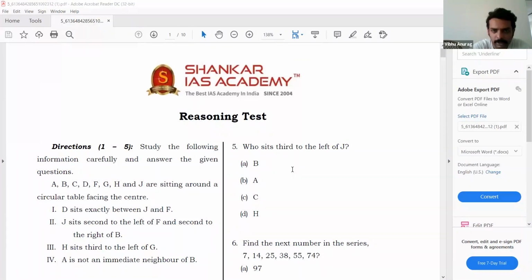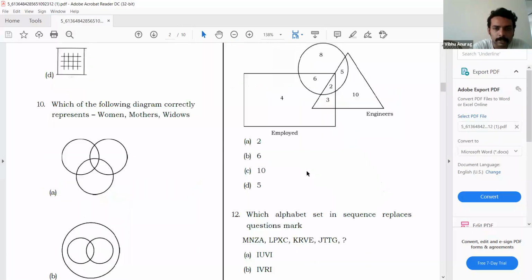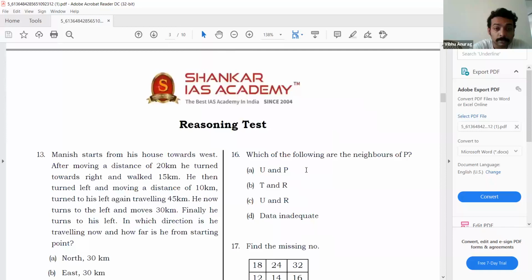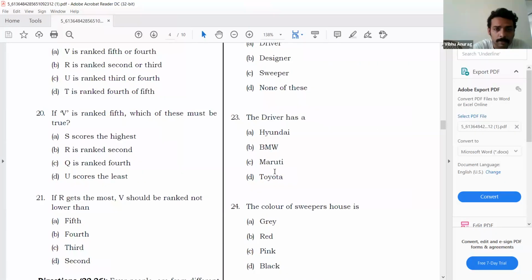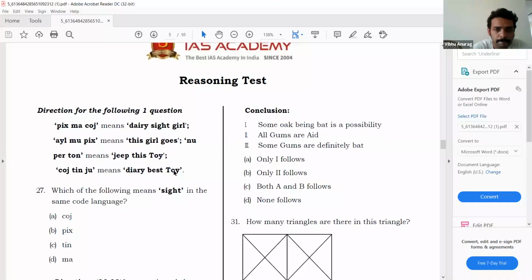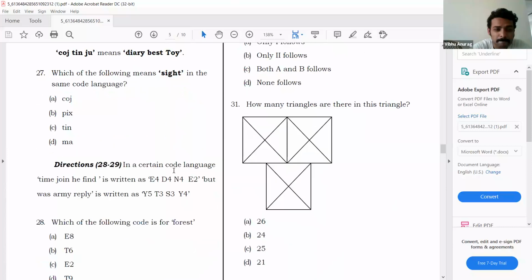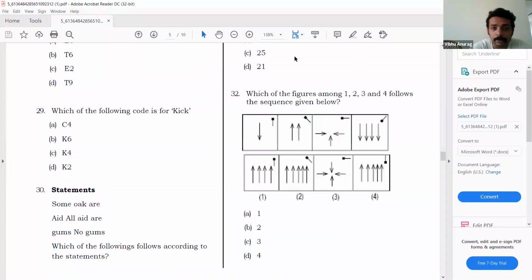So this is the one that you have. I see. Okay. So there has been some typo. Okay. You have this. Let me see what this is.